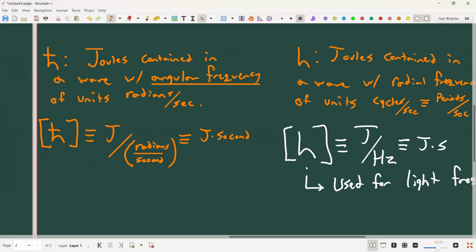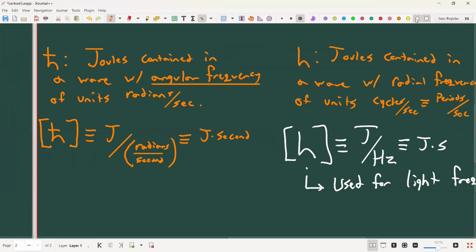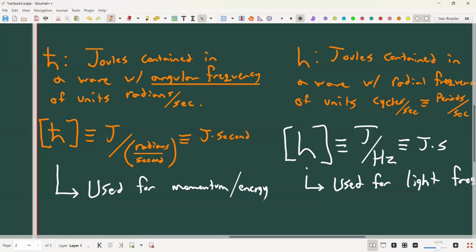And so H bar is better used for physical momentum. And also it's often used for energy as well. Right? So we're going to see these two pop up. All right, and just remember, if you see H without a bar or with a bar, it just means a factor of 2 pi.